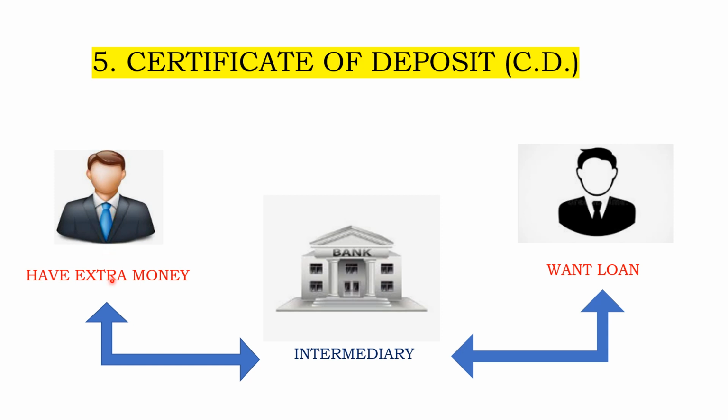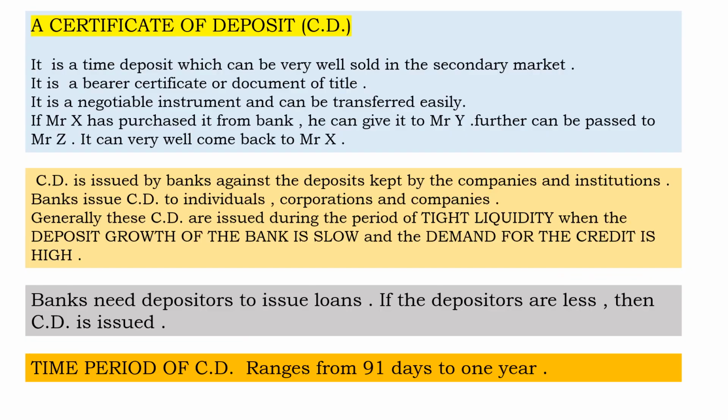This is a person who is having extra money, and this is a person who is facing shortage of money and wants a loan. So the bank acts as intermediary. This person will deposit the money in the bank, and the same money the bank will lend out to this man. So this is how the circle goes on, and this is the purpose of the bank.